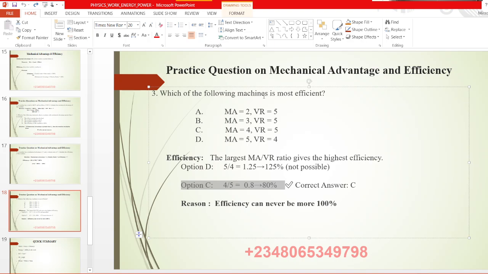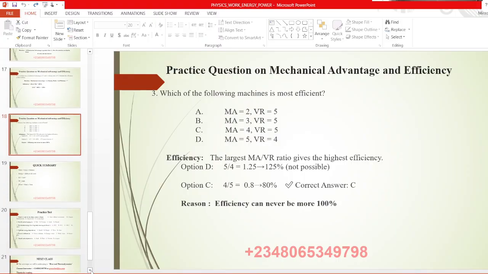They are not telling you directly that it's efficiency you are expected to calculate. And once you know that efficiency cannot be greater than 100%, you look for the option that is lesser or closer to 100%.